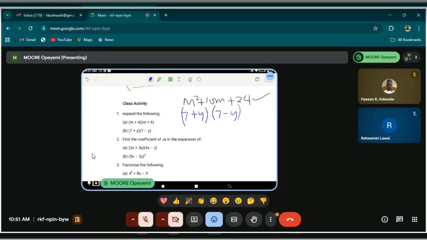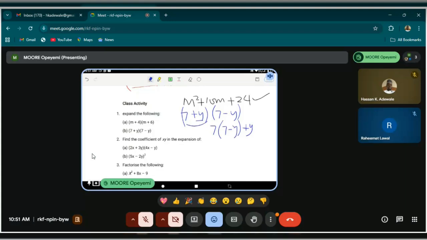So you write from the first bracket. I am using the whole of this one now to multiply the second. So I will write the content here, then plus y, then open bracket 7 minus y. Use it 7 times 7, 49, 7 times this is minus 7y.